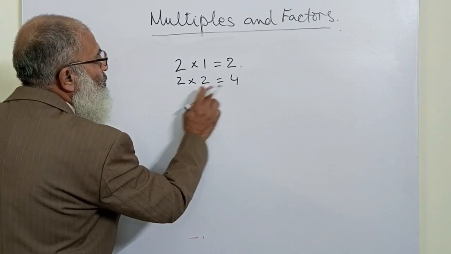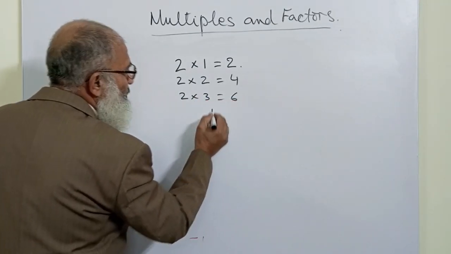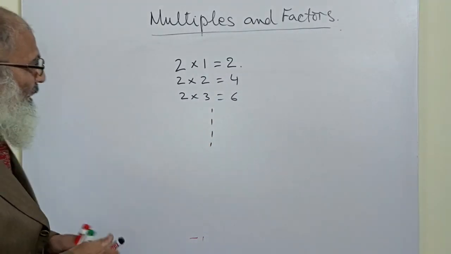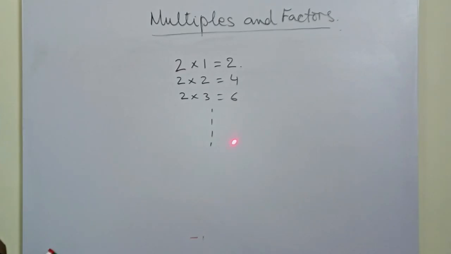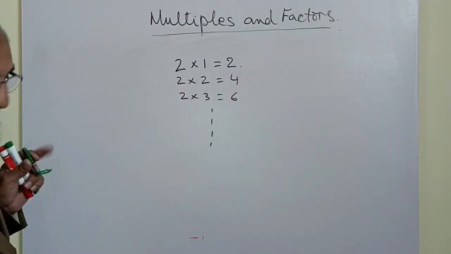Like 2 times 2 is equal to 4, and 2 times 3 is equal to 6, and so on and so forth. You see that this is our first multiple, this is our second multiple, and this is the third multiple of number 2.